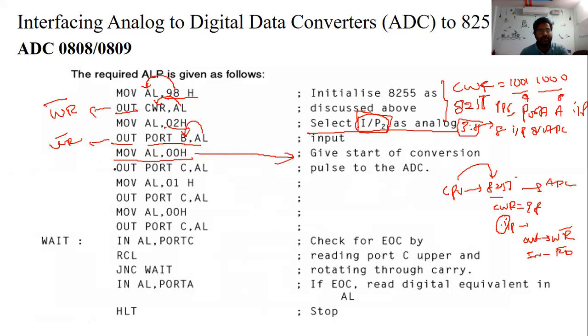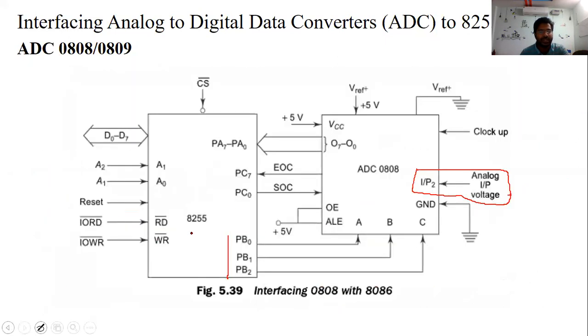Again you write the AL data to port C, nothing but a startup conversion. Port C will work as SOC and EOC. SOC means 00.